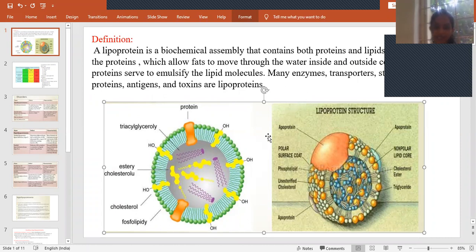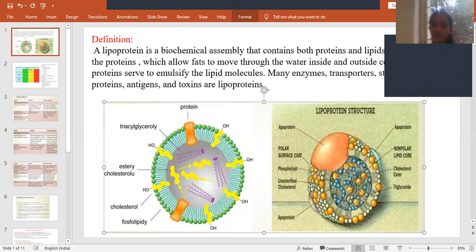If you see this clearly, in this structure you can see the proteinic nature. This blue colored part is the apoprotein. This is a non-polar lipid core, with cholesterol ester and triglyceride, and it is surrounded on three sides by apoprotein.